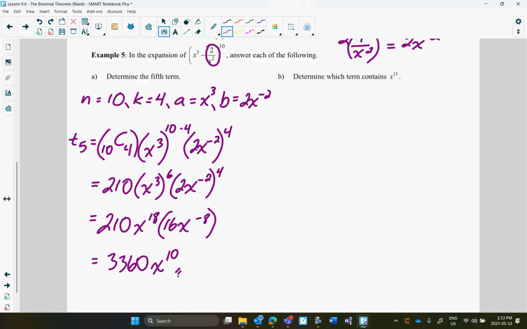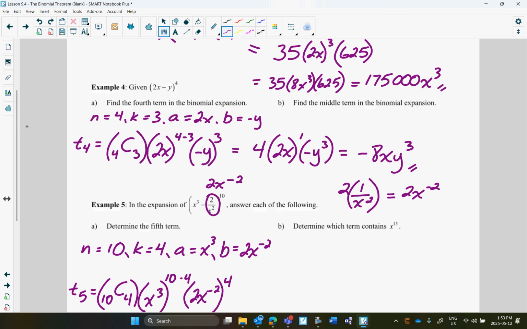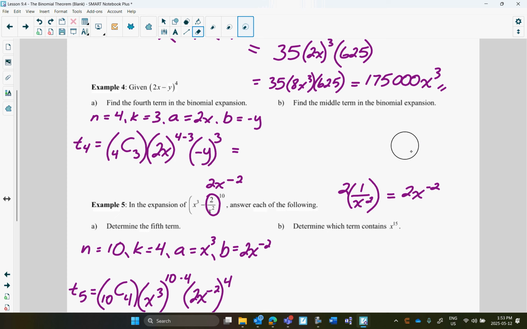Okay, the last type of question you can see is, oh, sorry, that was very anticlimactic. Because this isn't this type, this is still finding the term. What's the middle term? How many terms are there? 3?